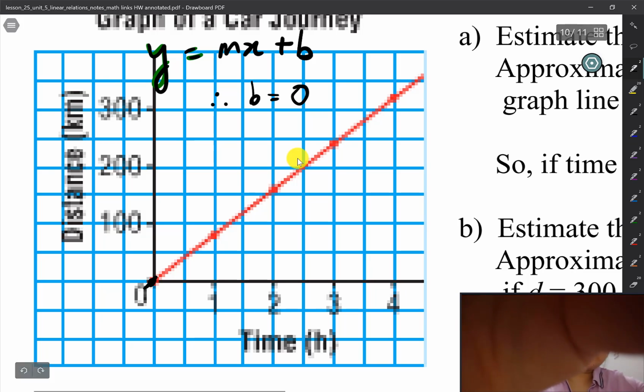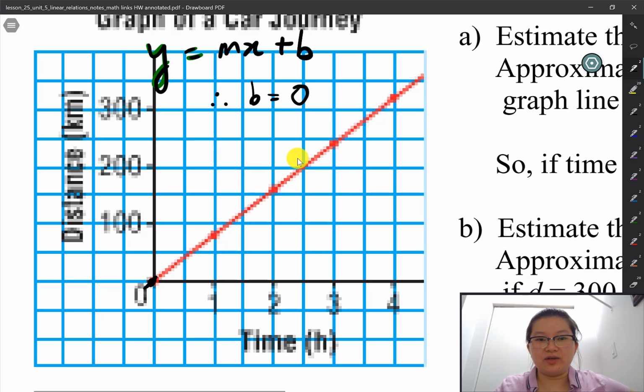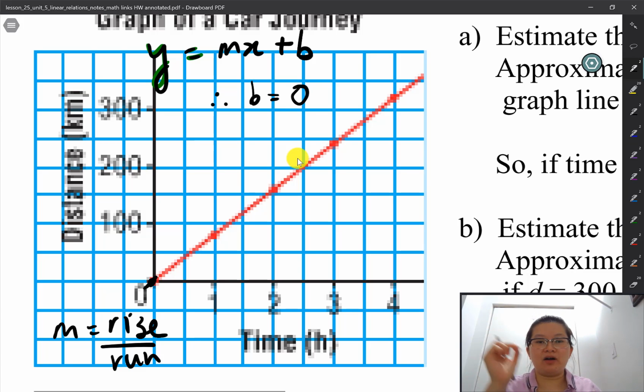That's the Y-intercept. The next step is to figure out the slope. Because if you take a look at this equation, other than x and y, we just need to figure out b and m. Now for m, the slope, we need to take the graph and figure out something called the rise over the run, like we talked about earlier. To find the rise and the run, we're going to pick 2 points on the graph, ideally as far away as possible.